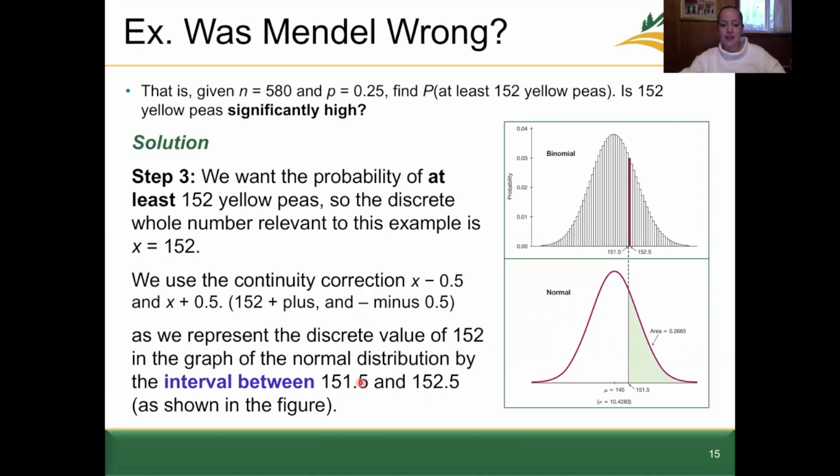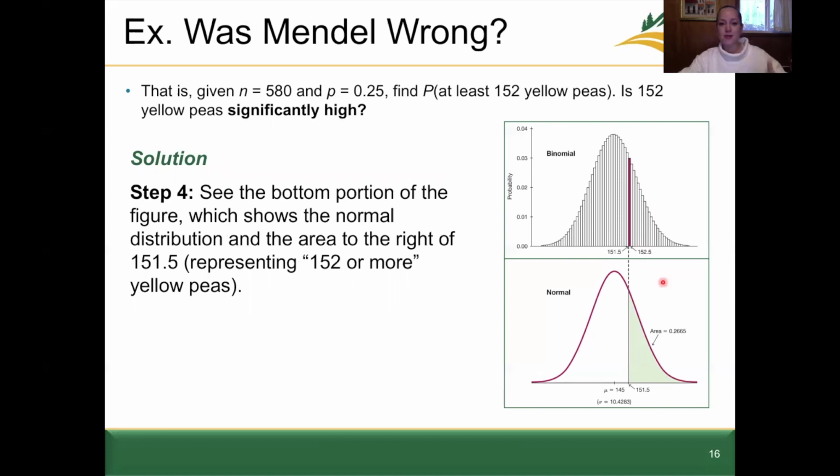We did that by taking our x value of 152, subtracting 0.5 to get the left side of the range, then adding 0.5 to get the right-hand side. So again, here we have 151.5, and then the range from that to 152.5. That's because our x value of interest was exactly 152.